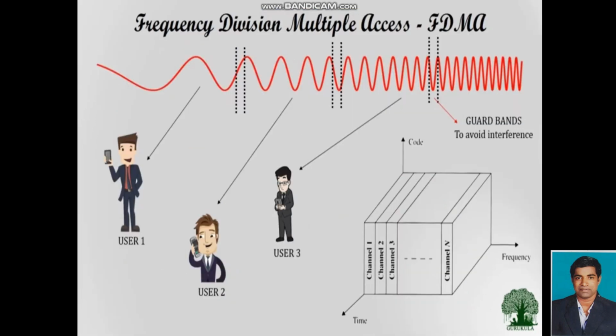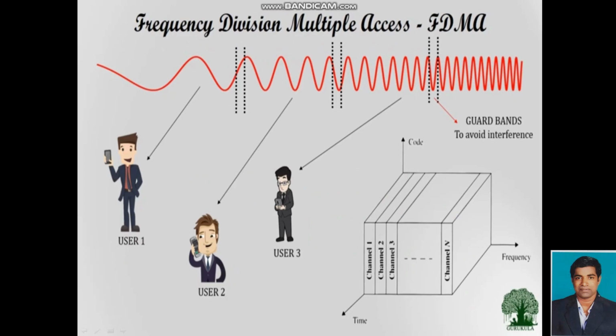Here, in frequency division multiple access FDMA, the low frequency is denoted for user 1, and here it takes more time. In the next range, the mid level of frequency is for user 2, and the time is getting reduced, that means the frequency is high, and so on.